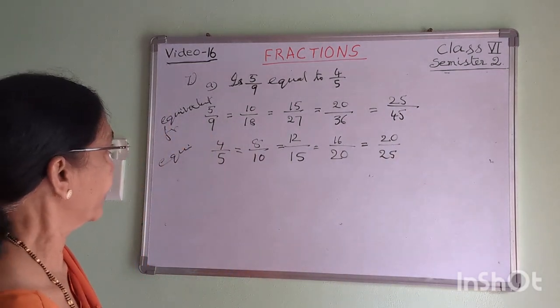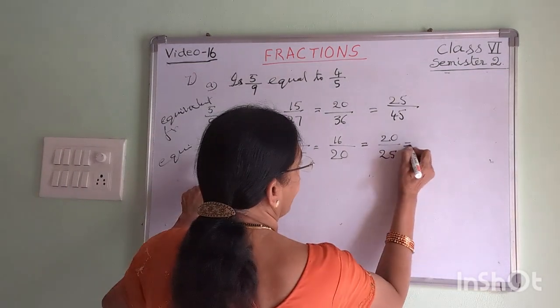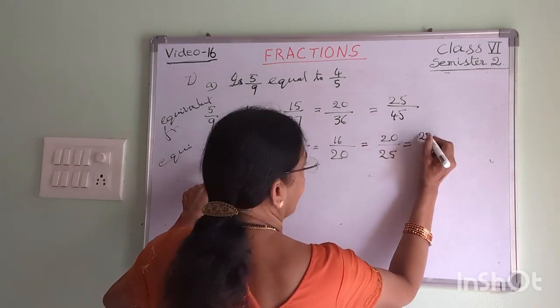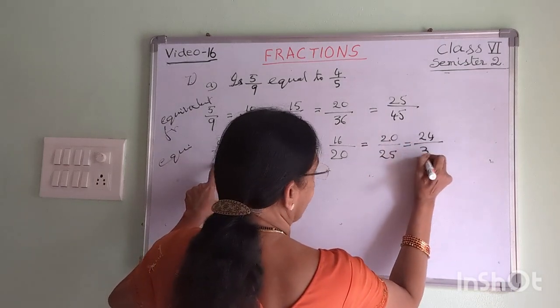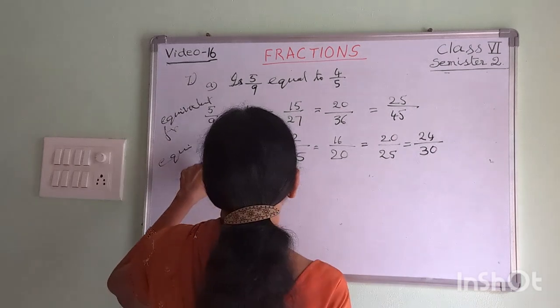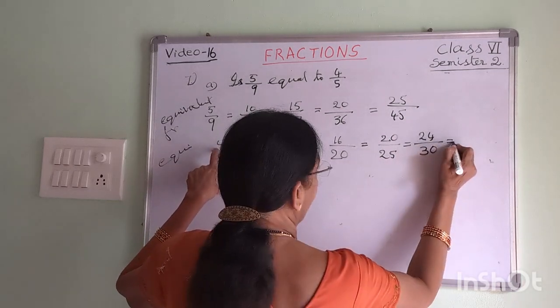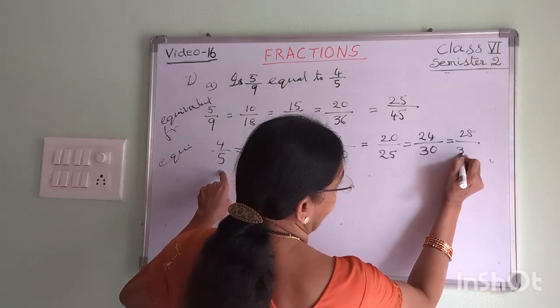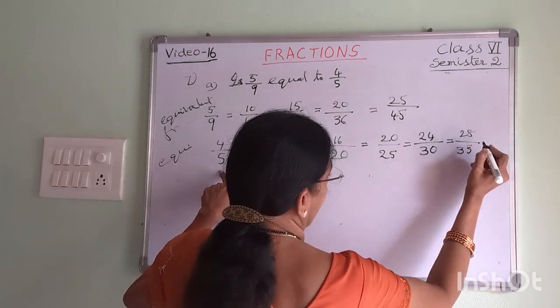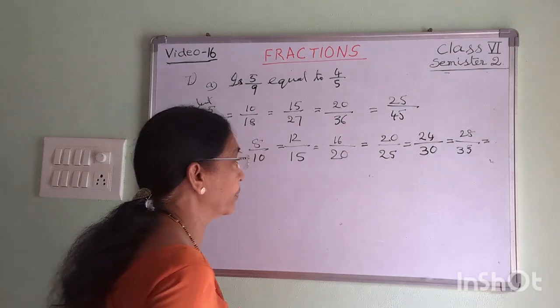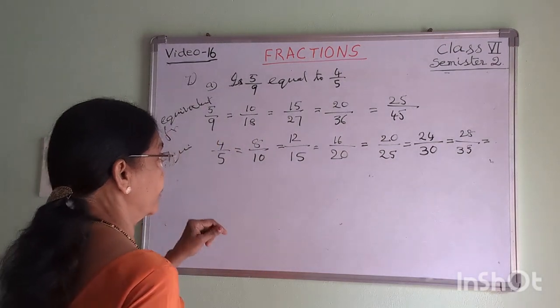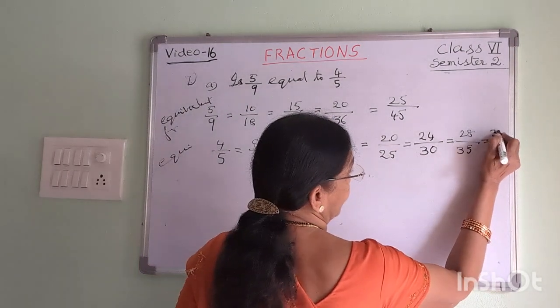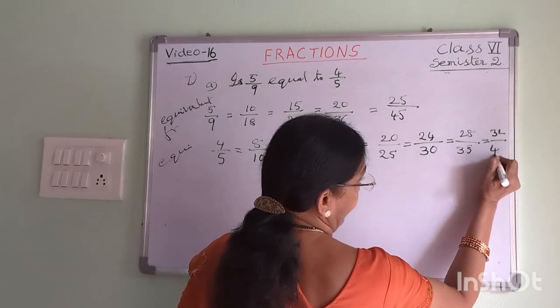Multiplying by 6, 6 fours 24, 6 fives 30. Multiplying by 7, 7 fours 28, 7 fives 35. Multiplying by 8, 8 fours 32, 8 fives 40.